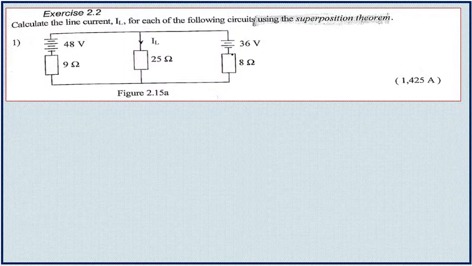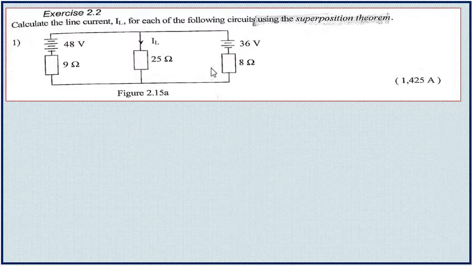Here we realize that we have two voltage sources. The superposition theorem consists of closing the first source of voltage and considering only the second source, and then we can calculate IL with only that voltage.